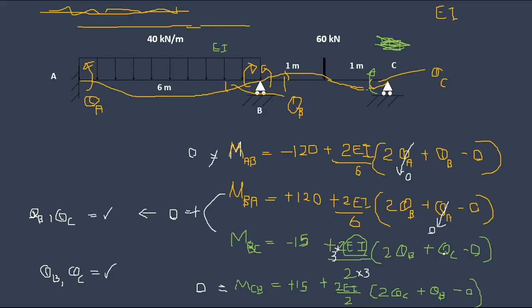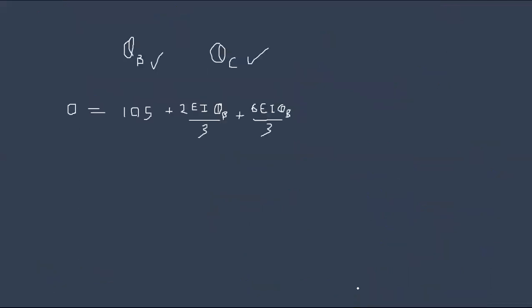And then you have this one. 2 is getting cancelled. 3 EI theta C over 3. So why I didn't cancel these 3 is I can simplify still, right?